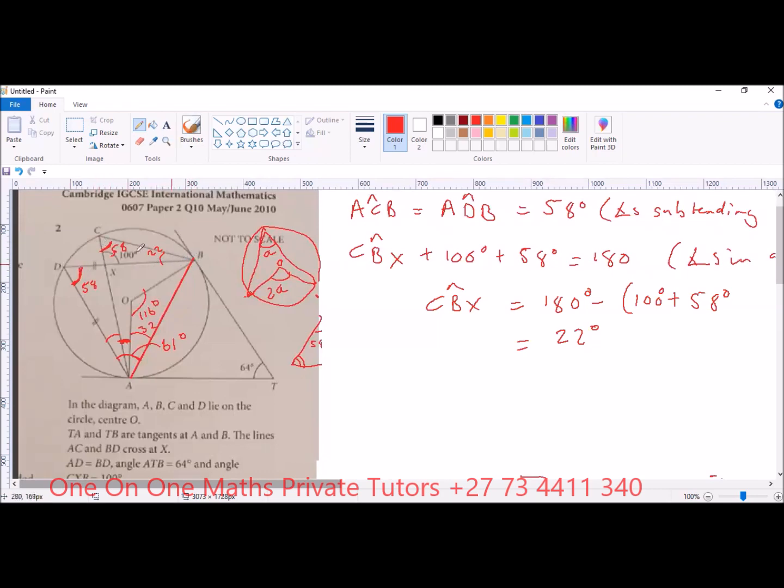Now, look at this arc. This angle should be equal to that angle. So we are saying this is 22, right? CAD is equal to CBX.